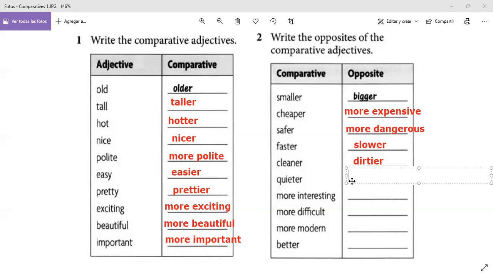What is the opposite of quiet? It is talkative. Talkative. And what is the comparative of talkative?